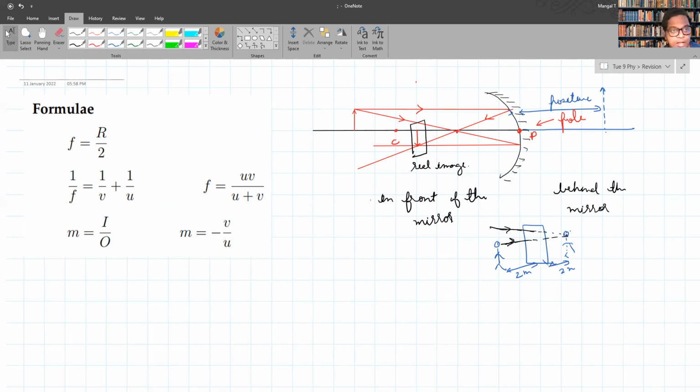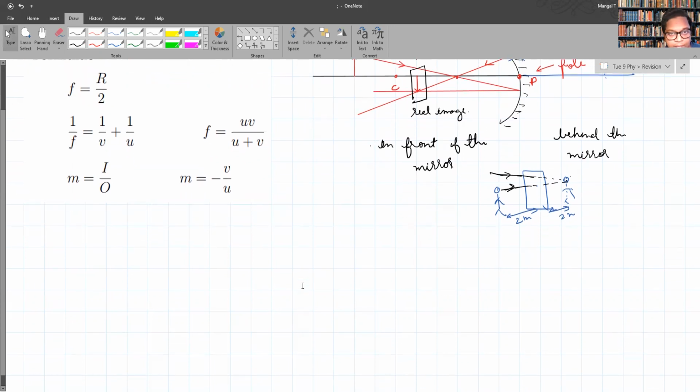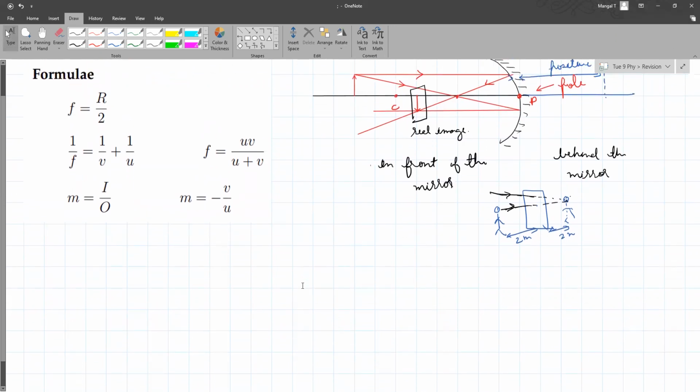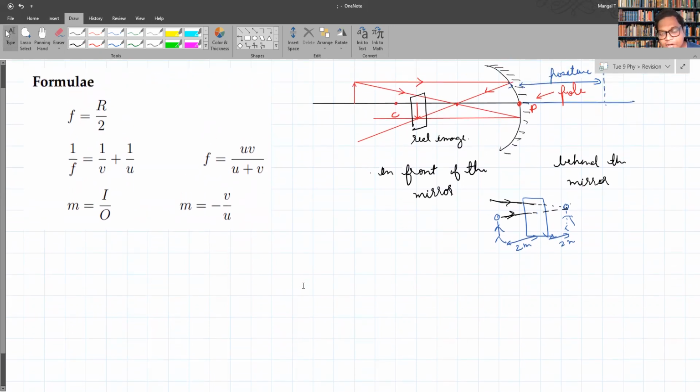In a mirror, I will send you a link to show you a video for that. In the lab, there is a candle and you have a paper on which the image of the candle is formed. That's a real image. You have to place a paper over there where the image is formed.